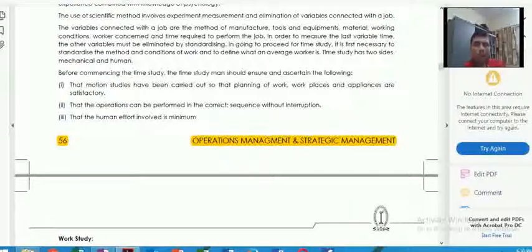For example, taking the previous example, if there are 5 machines on which 5 different operations are going to be carried out, their sequence should be correct. It should not happen that the sequencing is wrong. If the sequence is wrong, it will affect the efficiency or the profitability of the company in a very bad way.